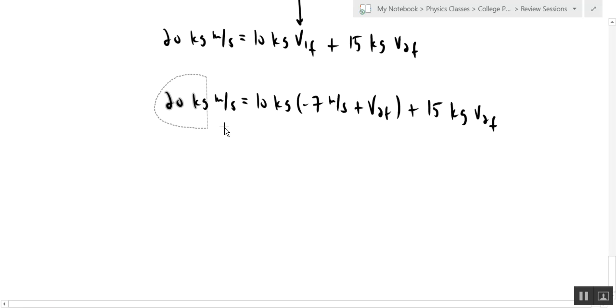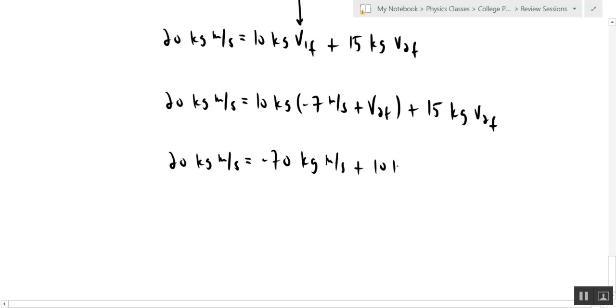So you just have to distribute the thing here. 10 times -7 is -70. 10 times V2F is 10 V2F.